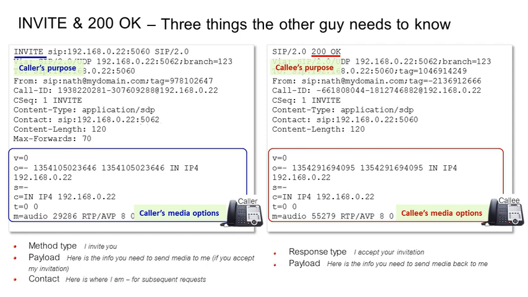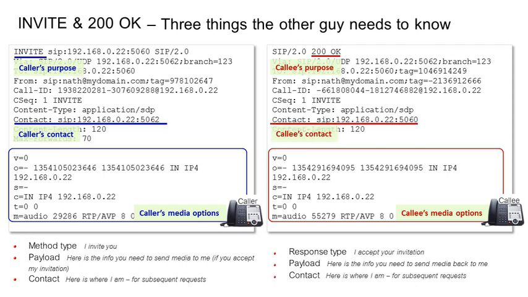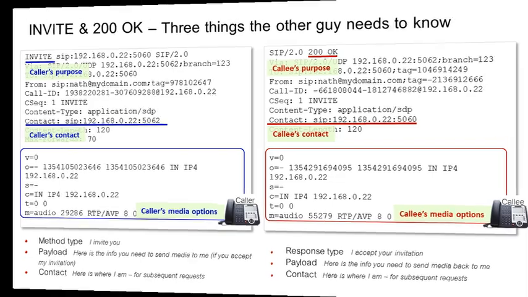Finally, the caller provides his contact address to the callee so that the callee knows where to route subsequent requests back to the caller. And the callee provides his contact address to the caller so that the caller knows where to route his subsequent requests back to the callee. The 200 OK is really important, just as important as the invite.